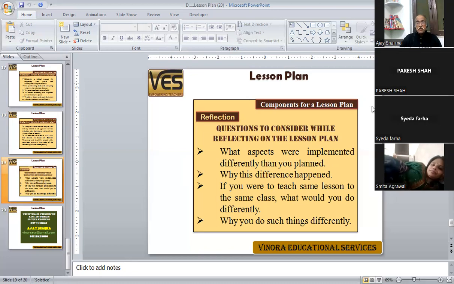Next is, why did this difference happen? Whether it is due to my fault, whether it is due to the fact that I could not cater to all different type of learners, depending upon your analysis, how you analyze. On that analysis, you have to reflect.